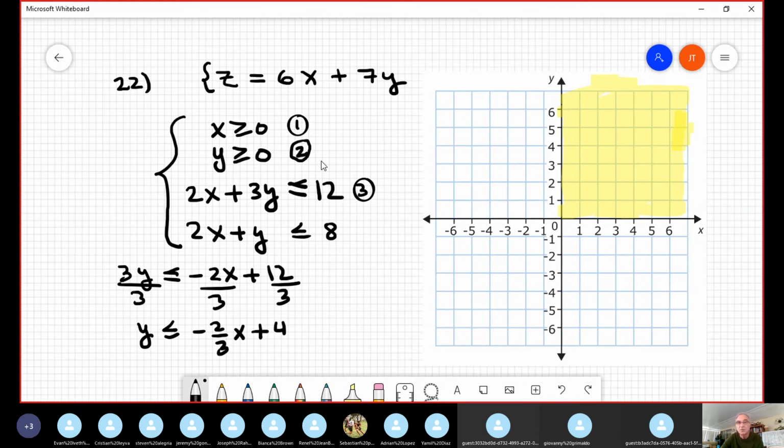So this point 4 is the y-intercept, and 2 down and 3 to the right. 1, 2, 3. And we connect this point with a straight line. But I don't care about the second quadrant or the third quadrant. No. I care only about this piece.